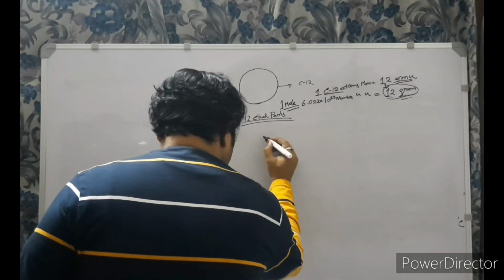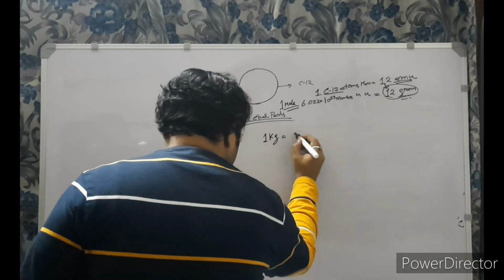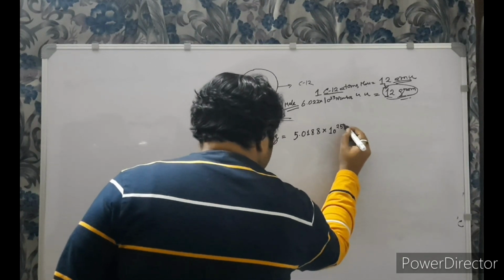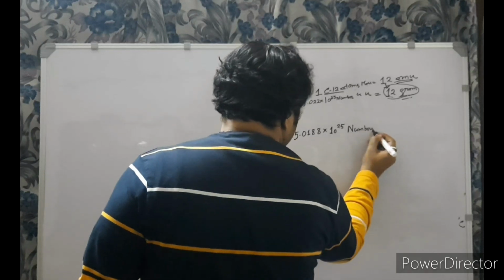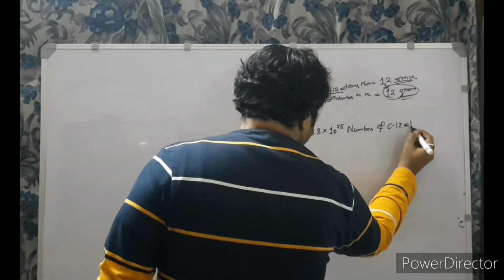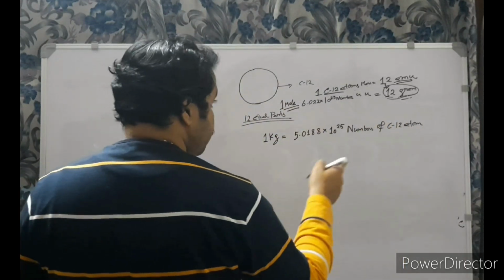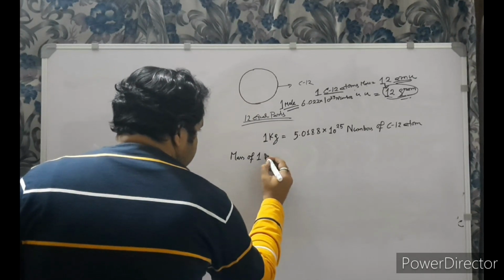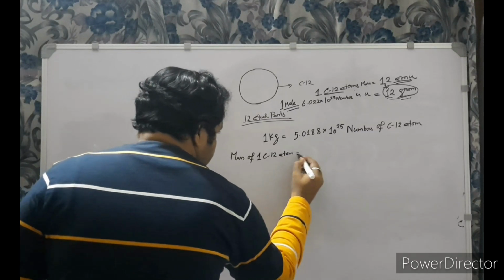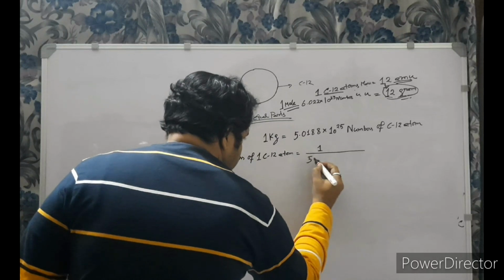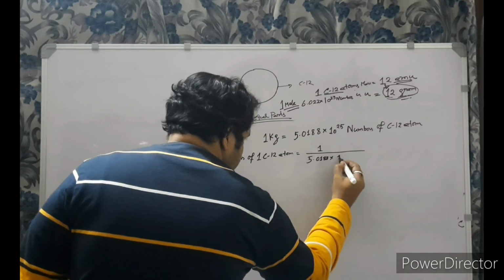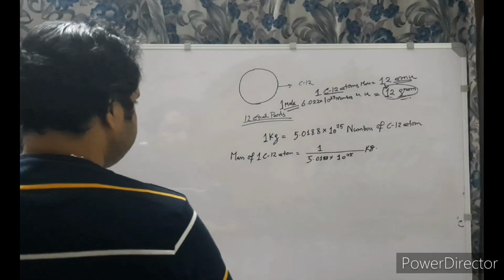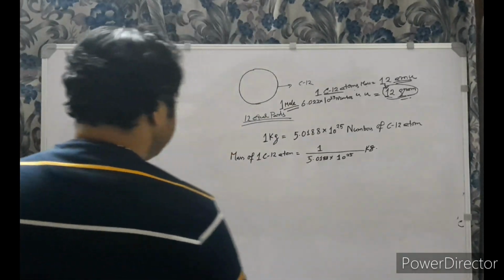So 1 kg is 5.0188 into 10 to the power 25 numbers of C12 atoms. So the mass of one C12 atom is equal to 1 by 5.0188 into 10 to the power 25 kg, right? So we have the mass of one C12 atom.